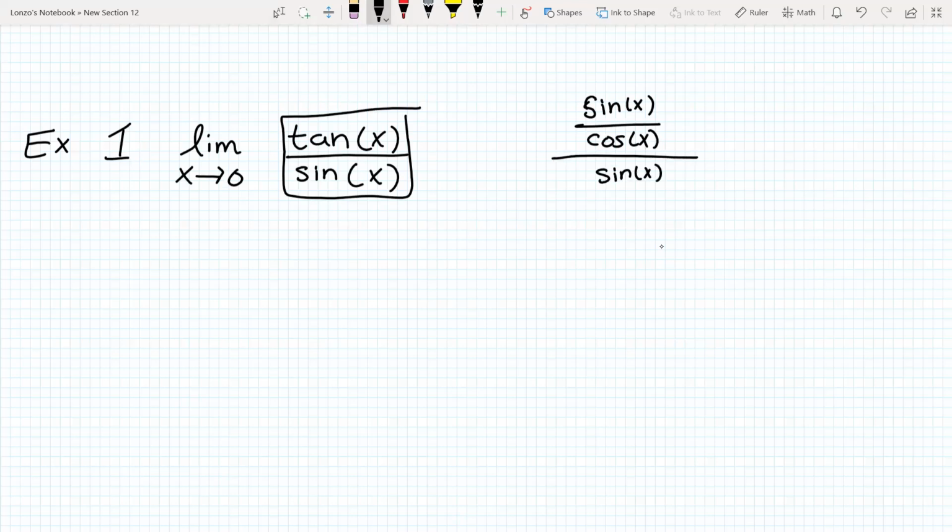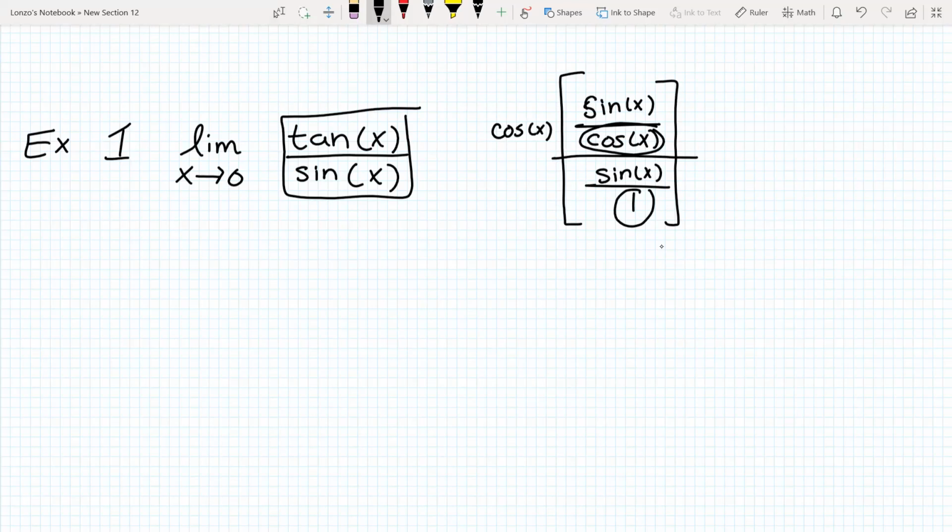Okay. So we have a complex fraction, so I'm going to use my bracket method. On the numerator, our denominator is cosine of x, and then my denominator is 1. So the common denominator would be cosine of x. When I multiply cosine of x by the entire numerator, the cosine x disappears, so you're just left with sine of x.